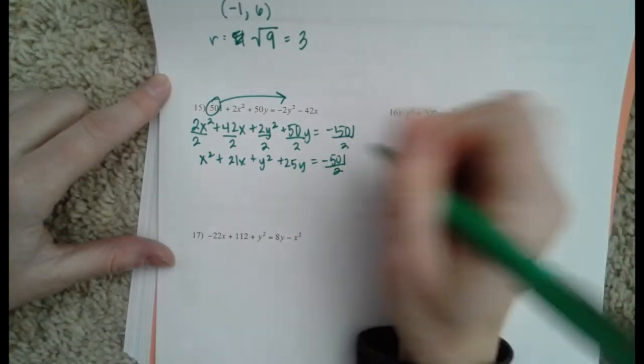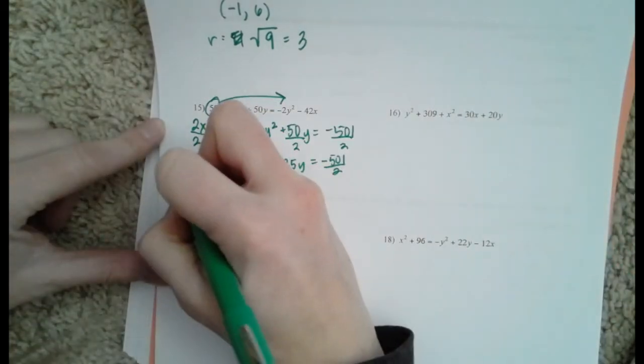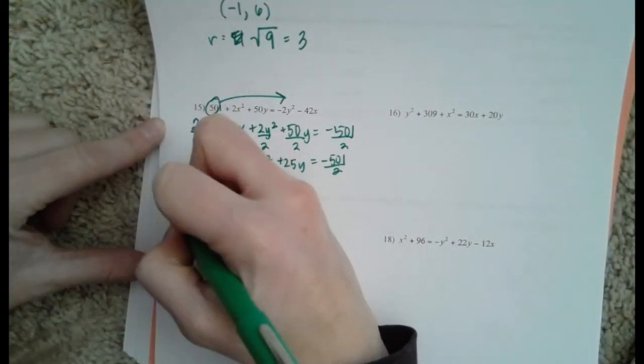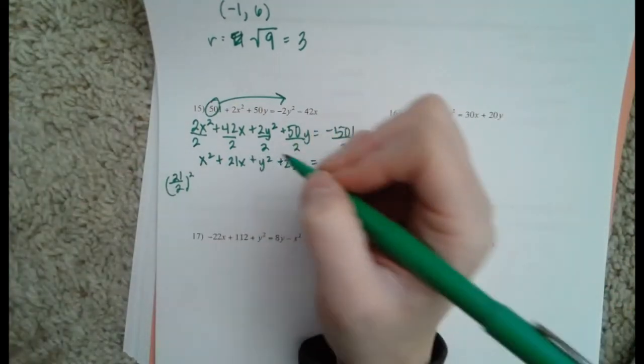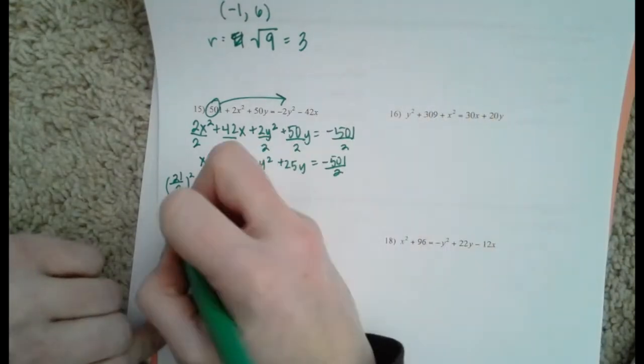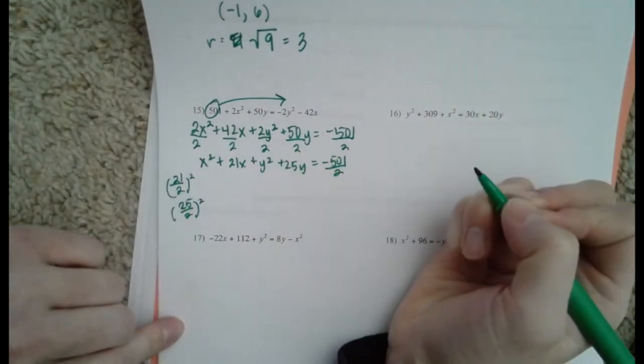21 divided by 2 squared is going to be that. We don't want a decimal. And so my x's turn into x plus 21 halves squared, and my y's turn into y plus 25 halves squared.